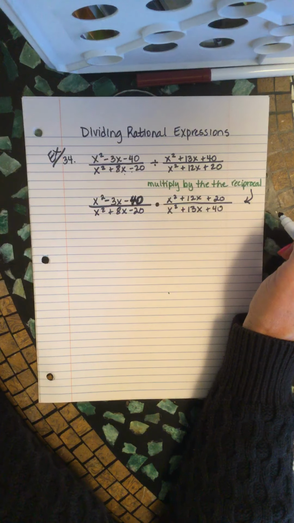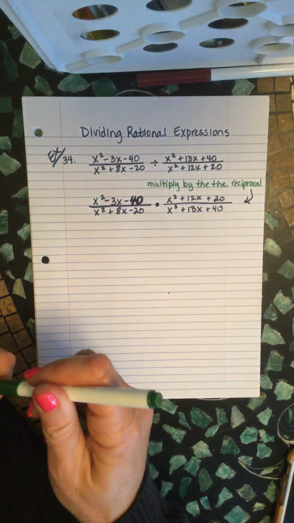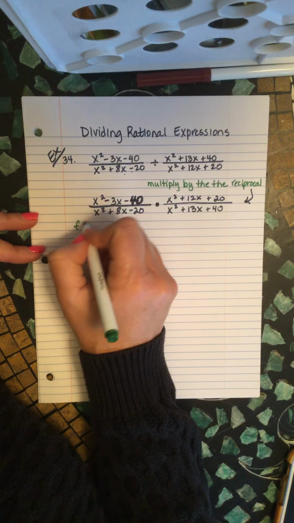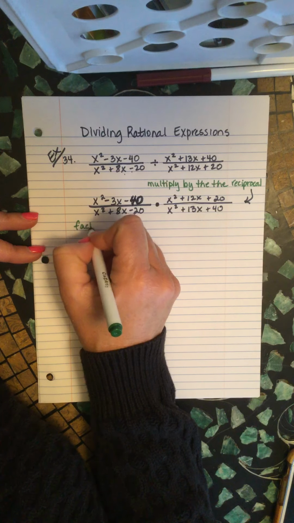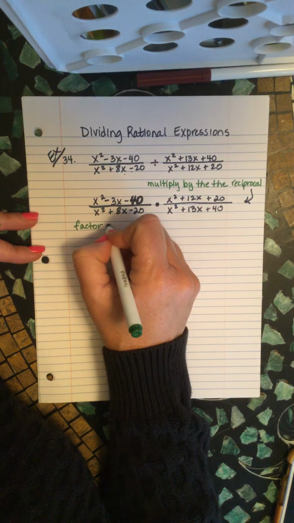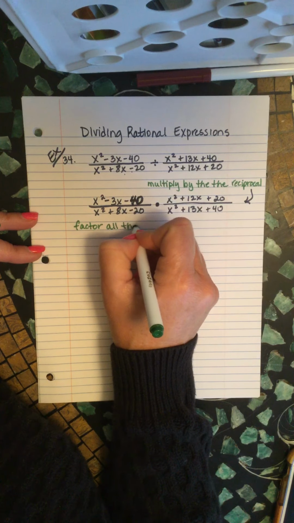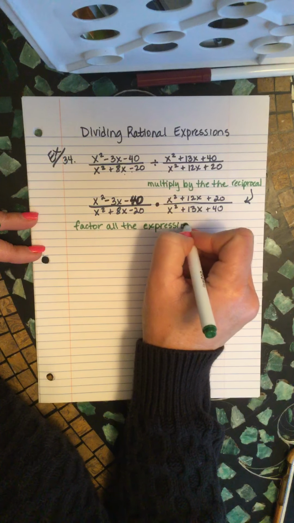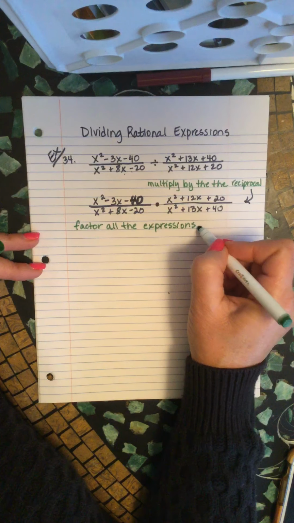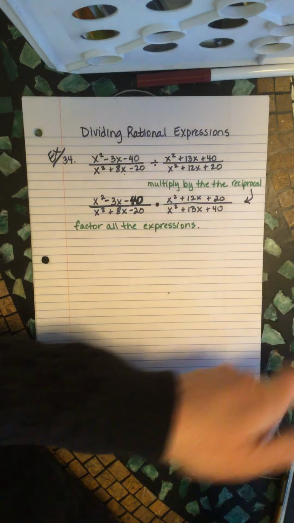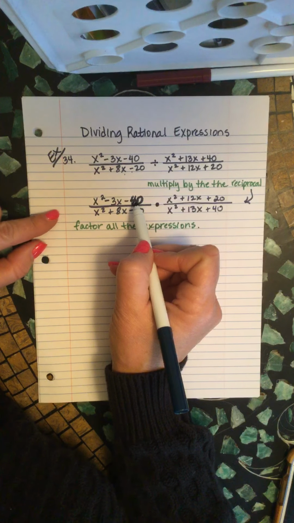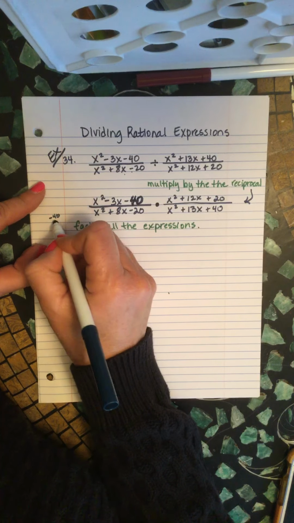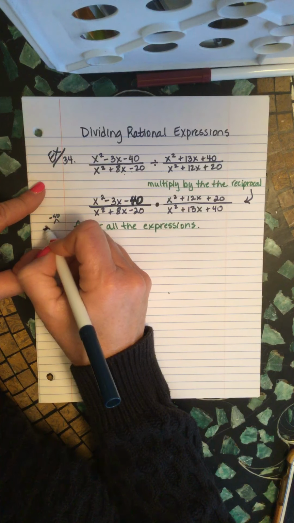All right, so now we're multiplying two rationals. Our first step is factor all the expressions. Okay. So I need two numbers that multiply to negative 40, two factors of 40, that add to negative 3.